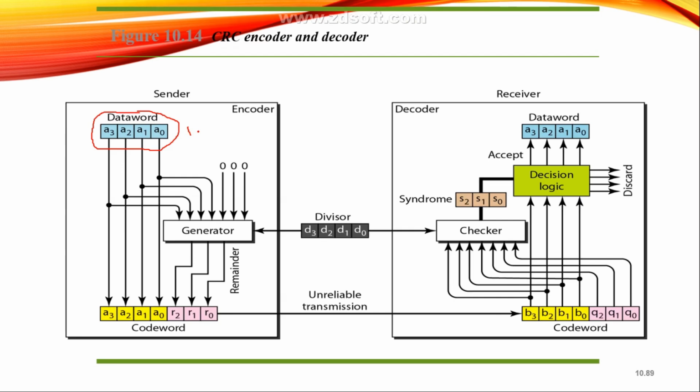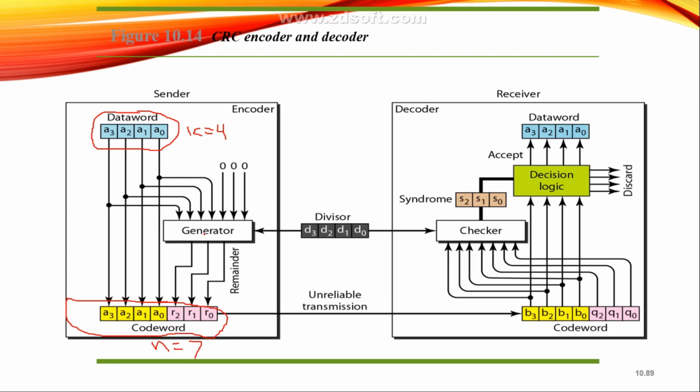Here k is equal to 4. The code word is denoted by n, which is n bits. Here, 3 extra bits R0 to R2 are added to the data word, so it becomes 7 bits.